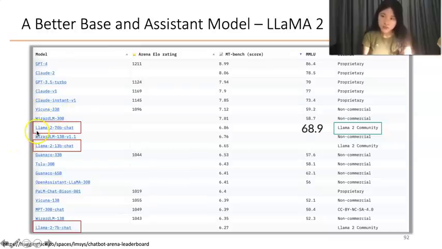And then we see Llama 2 70B Chat, which achieves an impressive MMLU score, which is a language understanding score, of 68.9. This is already very good. Its MT-bench score and Elo rating are not given. The MT-bench score is also high.